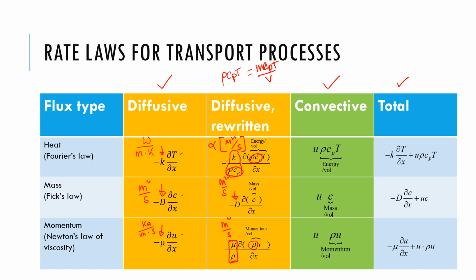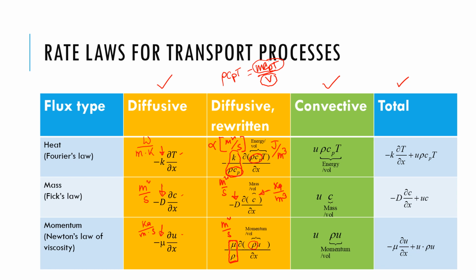So mCpT, as we know, is joules, is the enthalpy, is the amount of energy content per unit volume. So the unit for rho CpT is joules per meter cube. For mass, the unit is kilograms per meter cube. So you see they're beginning to look very similar.